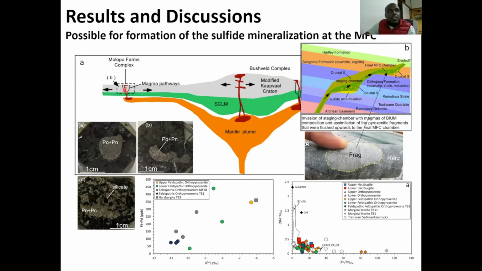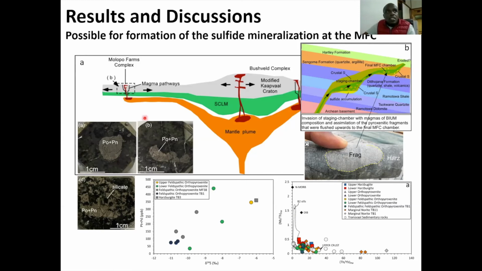We think that the main Bushveld plume was diverted from the thick cratonic center towards the margins, where the Molopo Farms Complex is, and where the Craton is less thick. And the crustal ascent of the Molopo Farms magmas was perhaps aided by the Pomudika lineaments and the feeders, which was suggested by Walker and co-authors.